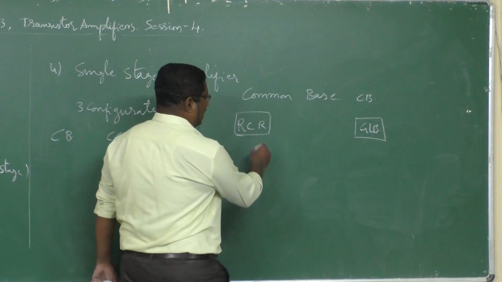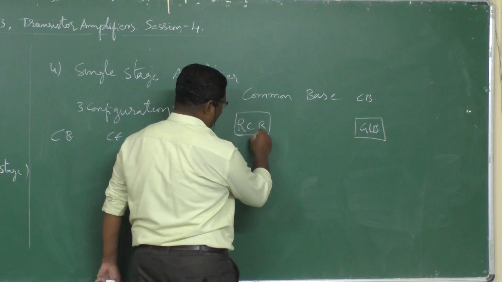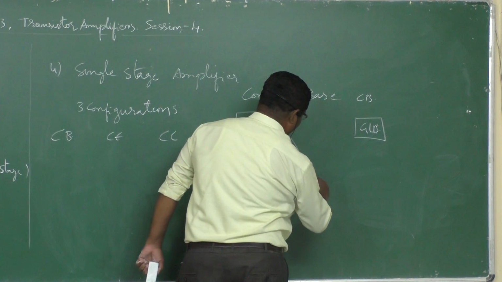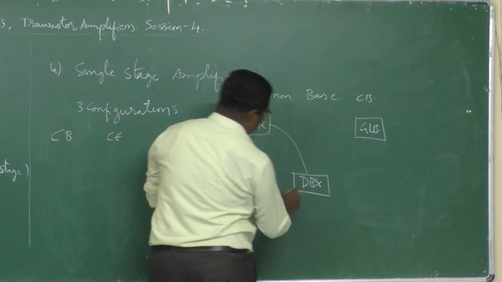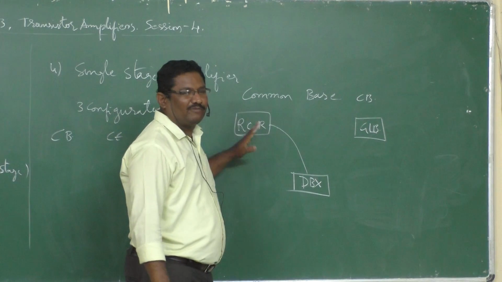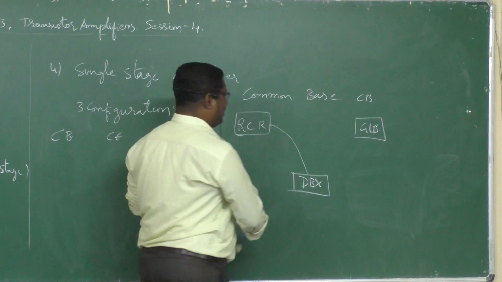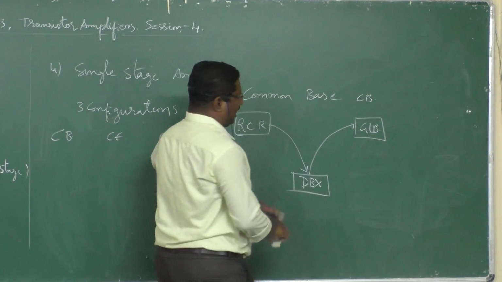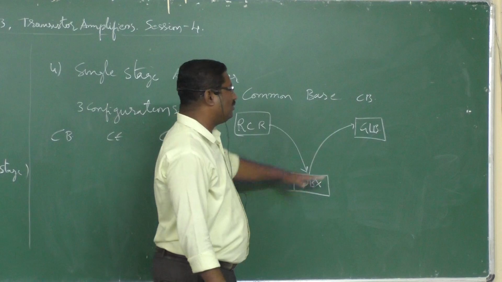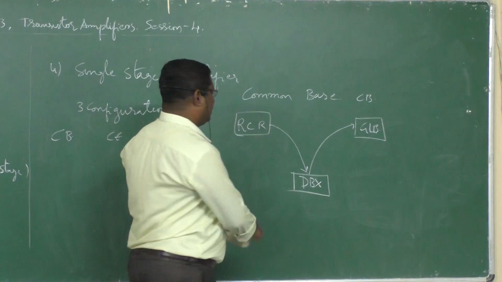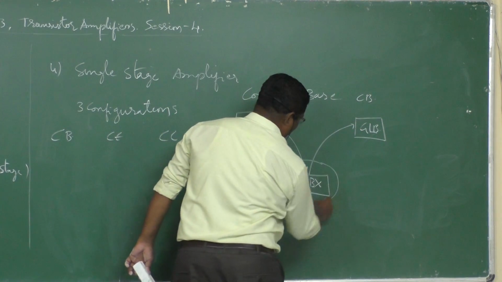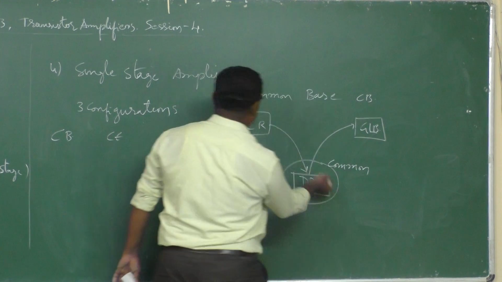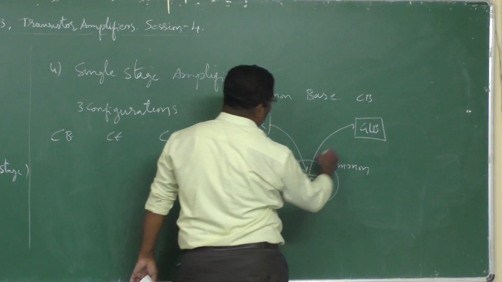How will I go? I will take one plane from Raichur to Dubai, and from Dubai I will take another plane to Gulbarga. So this point is known as common, common to Raichur and common to Gulbarga.